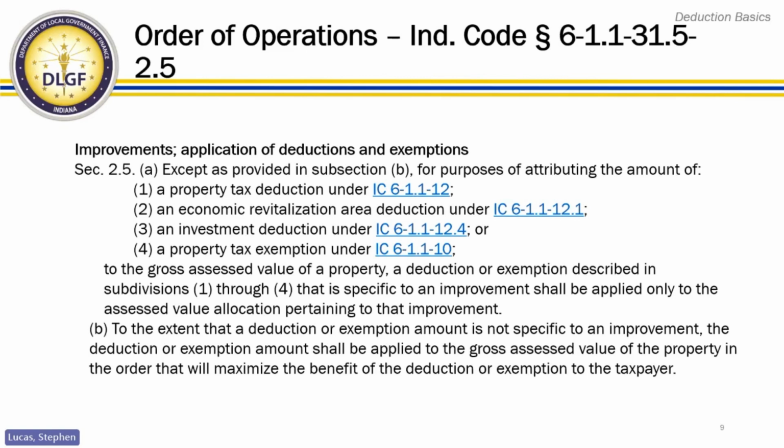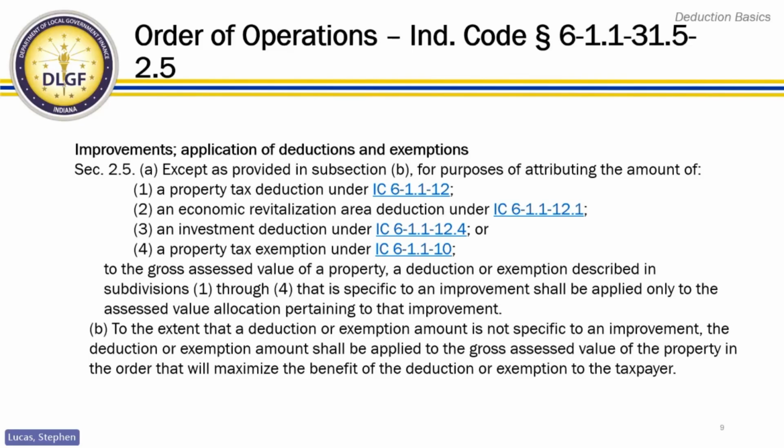So we'll see that with the heritage barn. Obviously, a homestead deduction applies to the homestead property. But here you see in subsection B that if the deduction or exemption amount is not specific to an improvement, it should be applied to the assessed value in the order that will maximize the benefit of the deduction or exemption to the taxpayer. So that's a maxim we often tell folks.